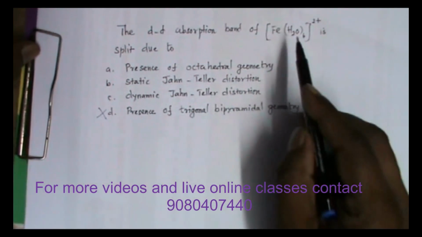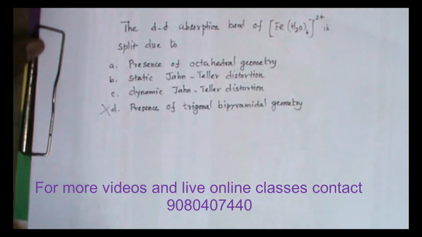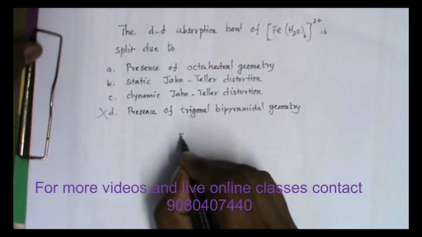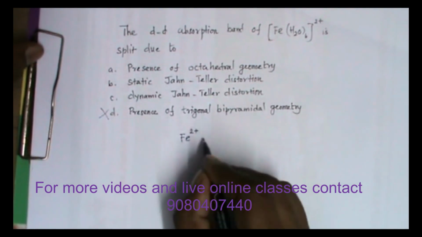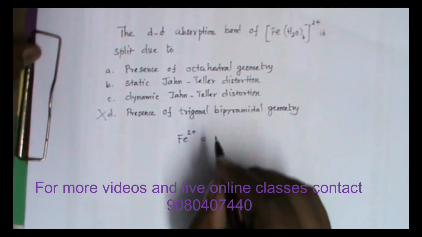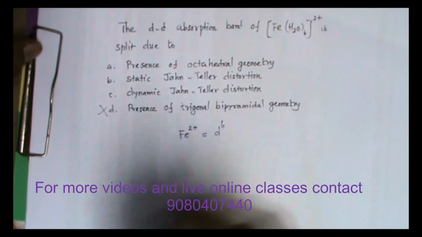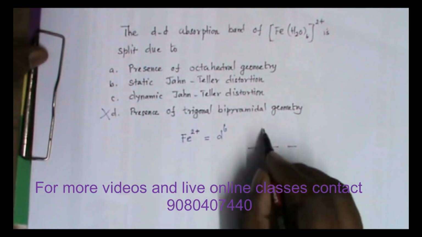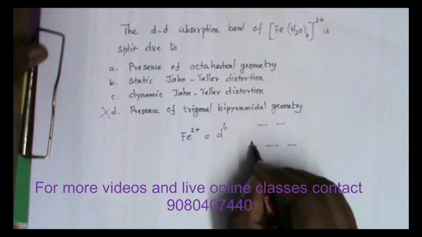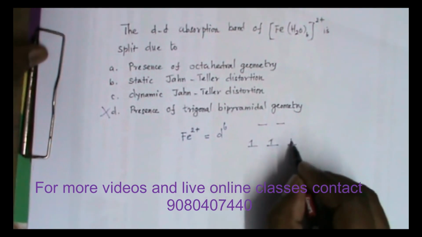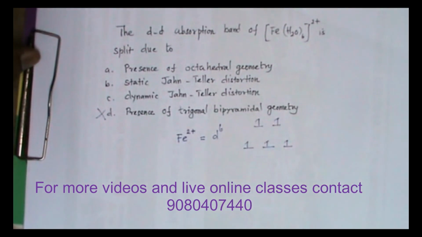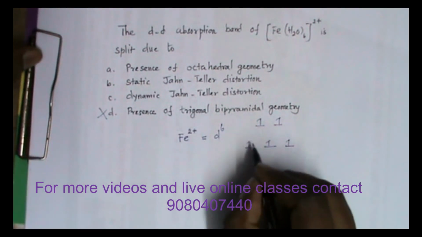Of course, the geometry of this will be octahedral. In this, the ion is in +2 oxidation state, so it is a d6 system. The ligand is water, which is a weak ligand, so the electrons will be filled singly first, then pairing will take place.